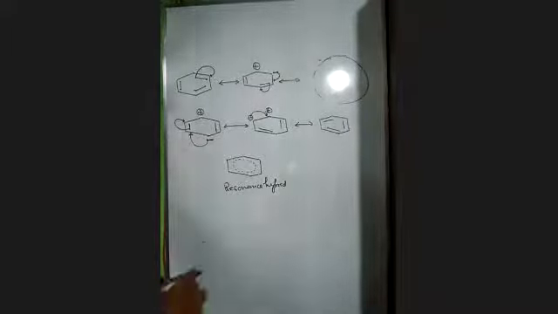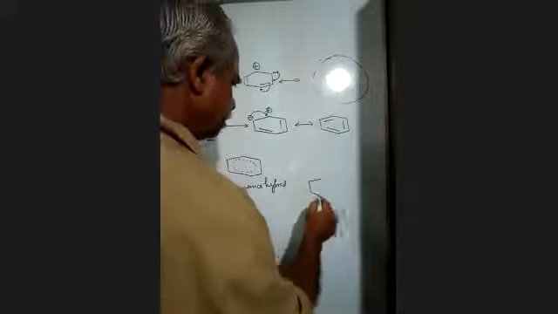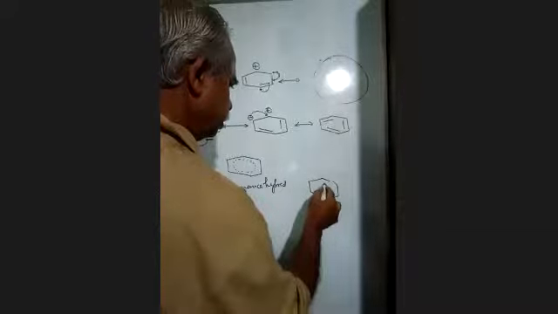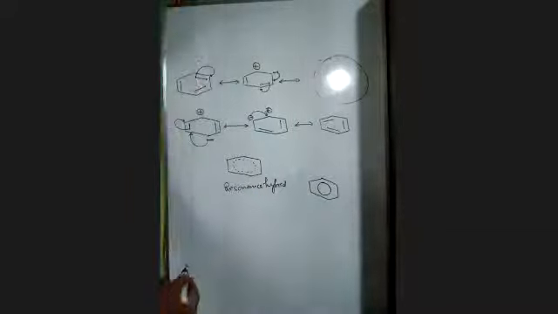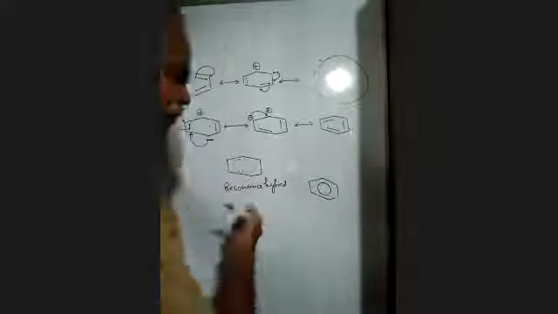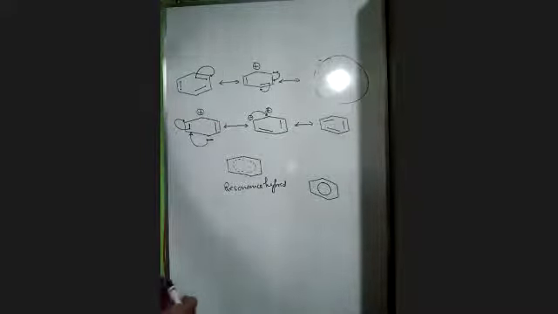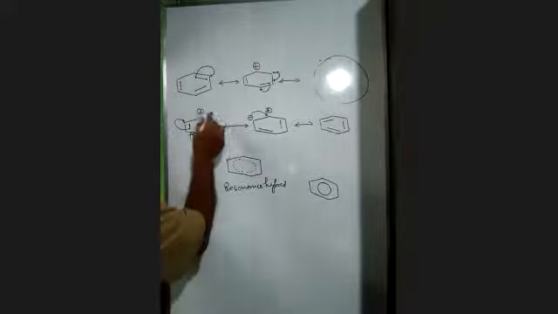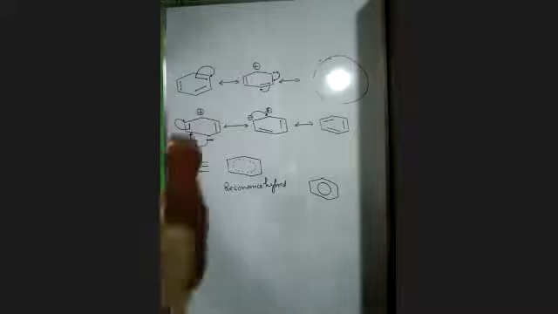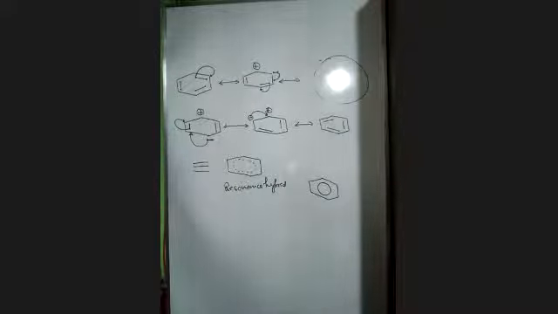You will find in your book that in many places they give benzene in this way. It interprets that benzene does not have a fixed carbon-carbon single bond and a carbon-carbon double bond. So we write this is equivalent to this structure. So this is the resonance structure of benzene.